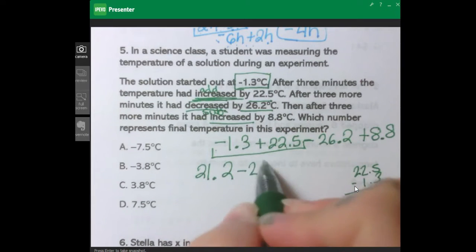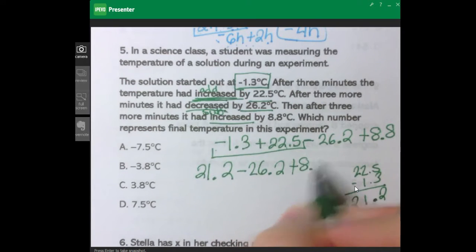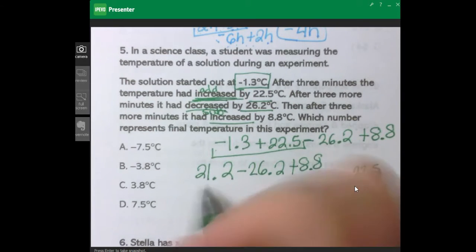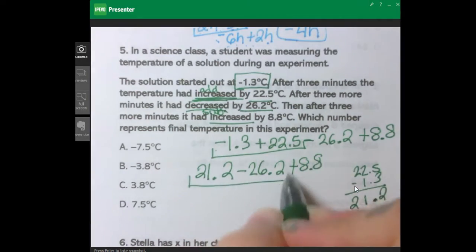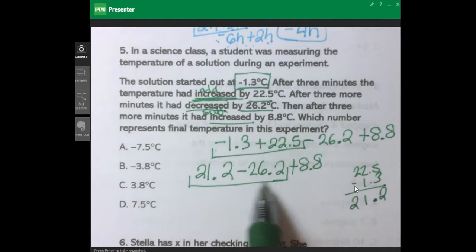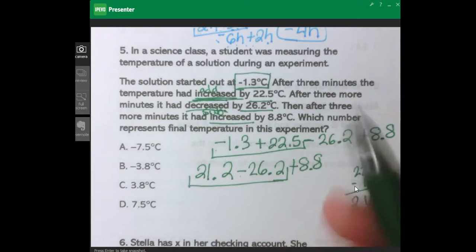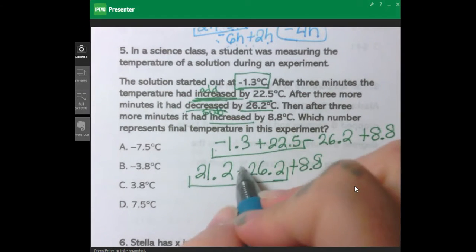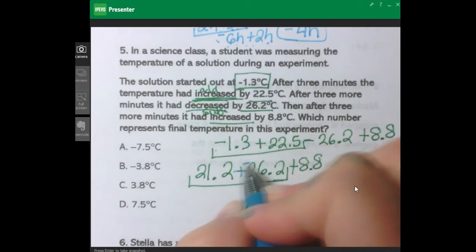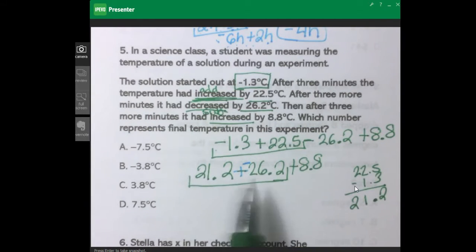Next, we have minus 26.2 plus 8.8. So looking at the next set, I have 21.2 minus 26.2. This is a subtraction, but this number's bigger. So really, I can't take 26 away from 21. So we change it to show that we're adding the opposite. And now I see I have a positive and a negative.